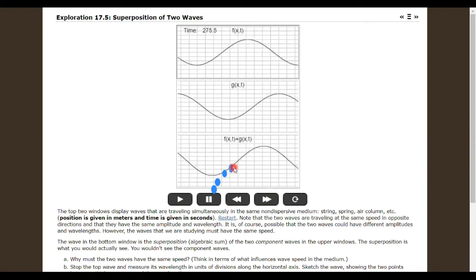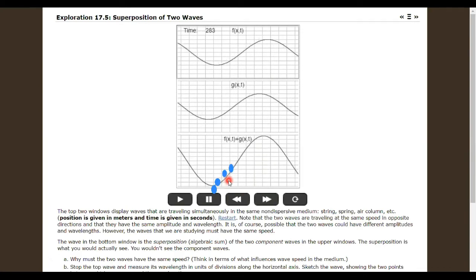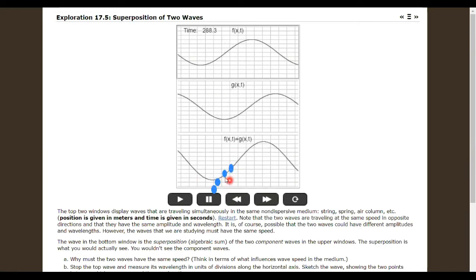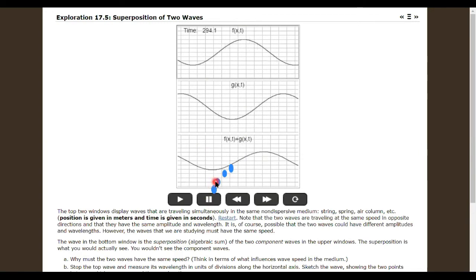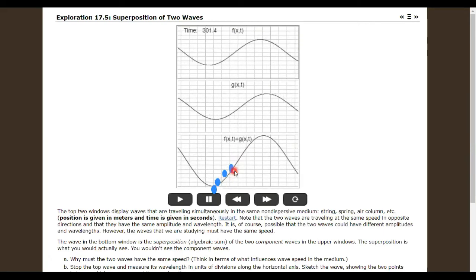And the particles in between nodes and antinodes have amplitude between 0 and A. So each of these particles has an amplitude greater than 0 but less than A. These are the particles between node and antinode.